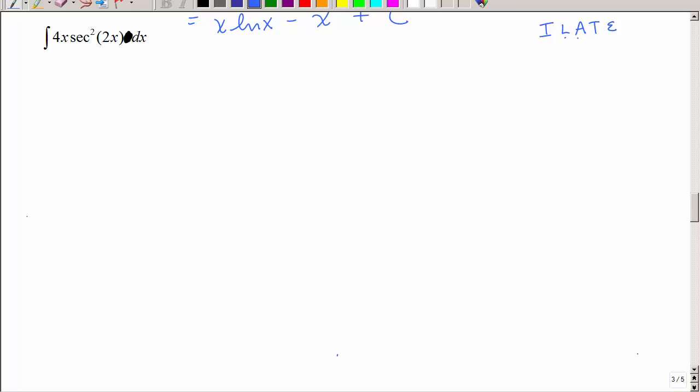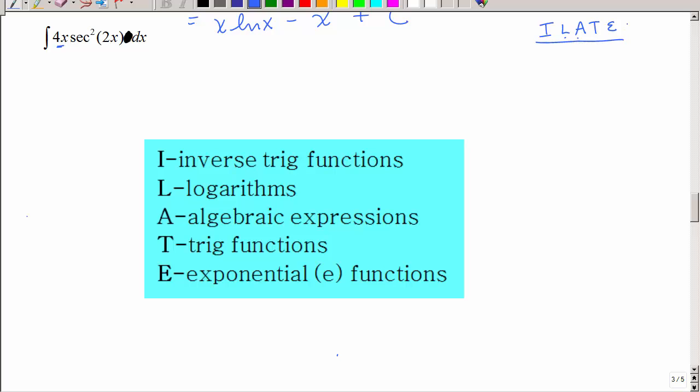Now let's look at this problem. We have the integral of 4x secant squared 2x dx. U substitution just doesn't get us anywhere, mainly because of that extra x. So again, we should look at it as a product, meaning using integration by parts. So going back to our mnemonic of what should I let u equal to.